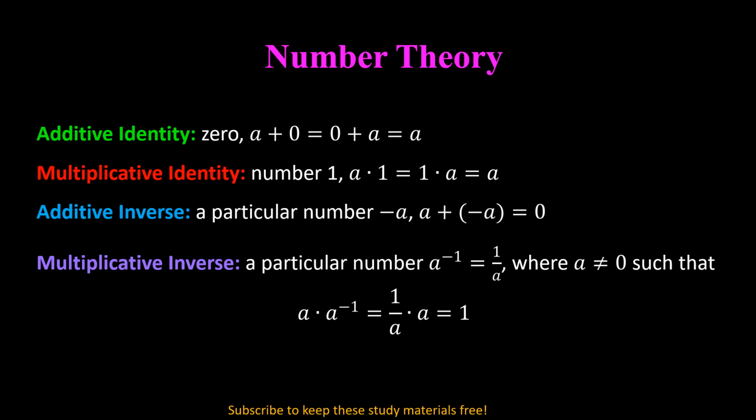The first 4 elements are the additive identity, the multiplicative identity, the additive inverse, and the multiplicative inverse. If you're not familiar with these particular items, I recommend that you become familiar. There are a lot of great videos out on the internet that would be extremely helpful.